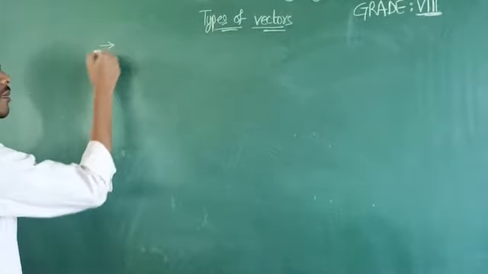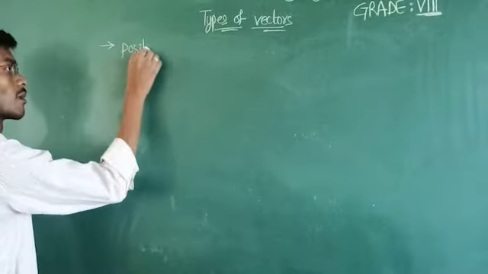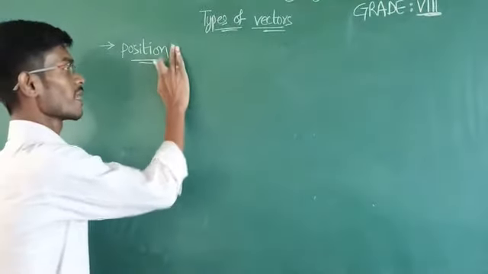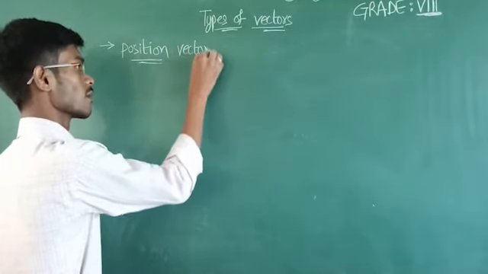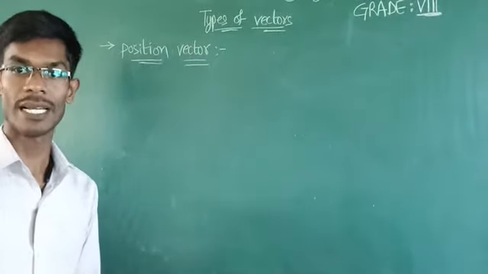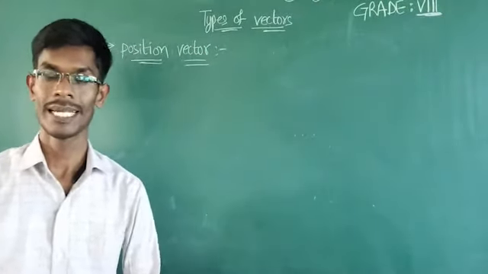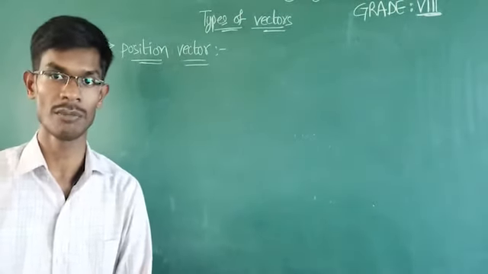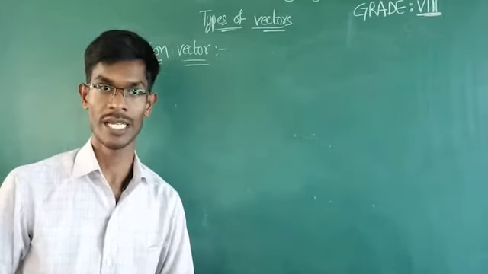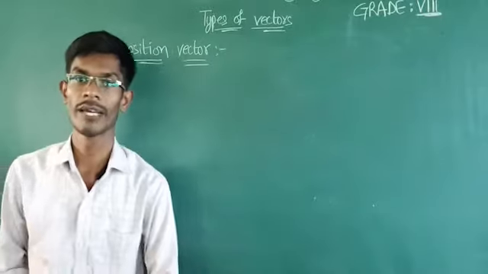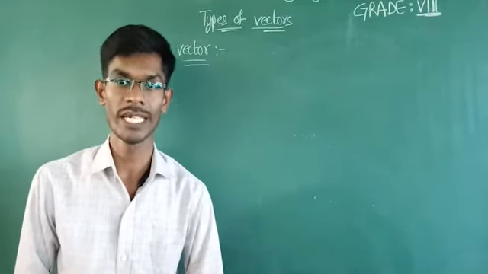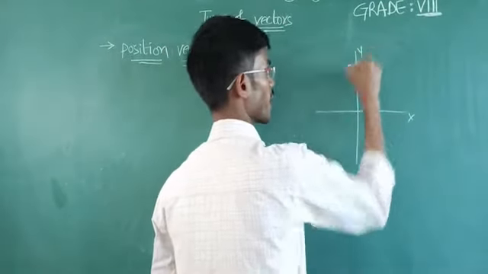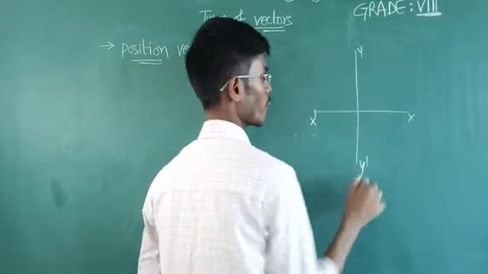Position vector. If you want to represent a position vector, what do we require? We will consider the Cartesian coordinate system to find out the position vector. Here, the Cartesian coordinate system is very convenient to find the position of the vector. Cartesian coordinate system means x-axis, y-axis, negative x-axis, negative y-axis.